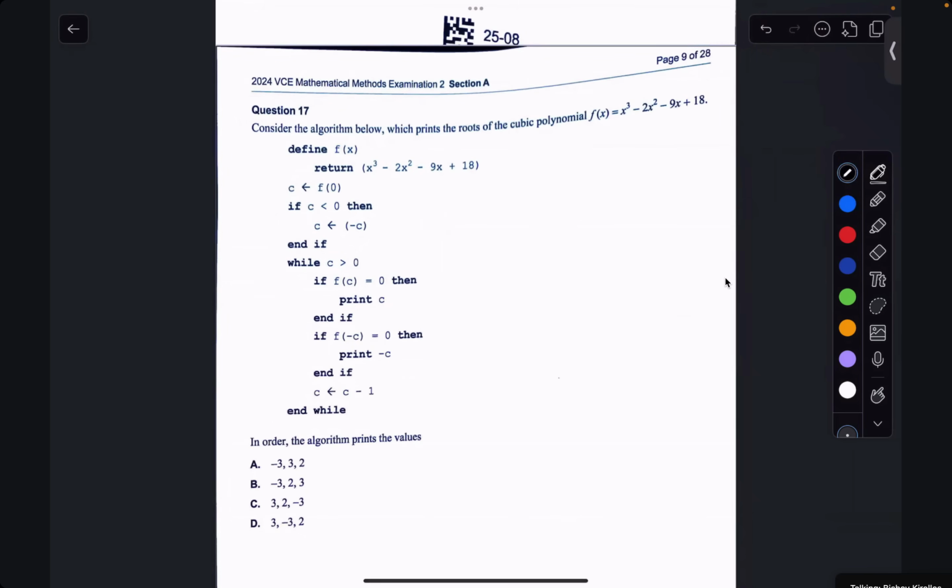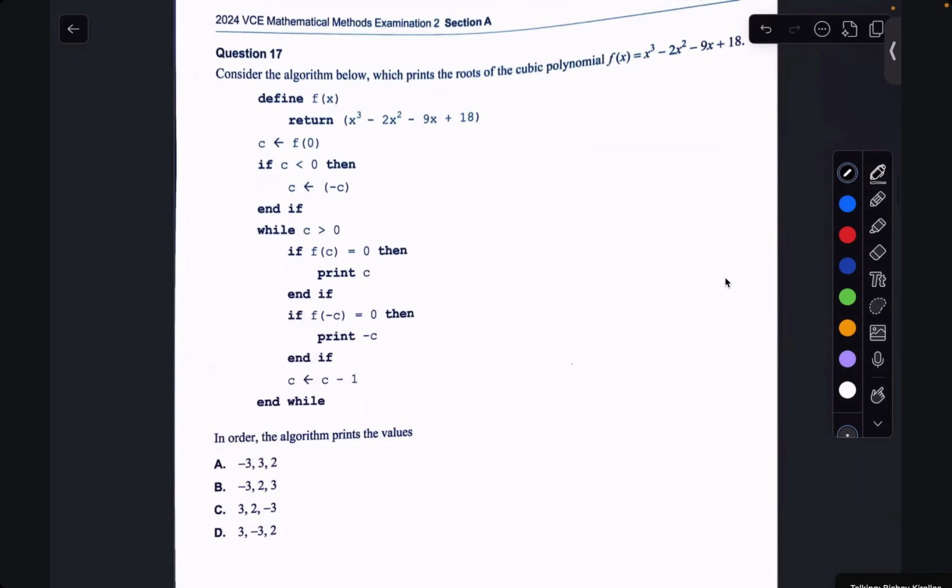Okay, so we've got this algorithm and that prints those roots. What's it doing? It's basically solving for the x-intercept. I'm assuming all of these are the x-intercepts. We start off by defining c as f of 0, which is 18.